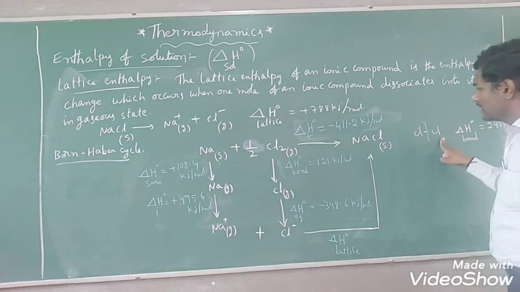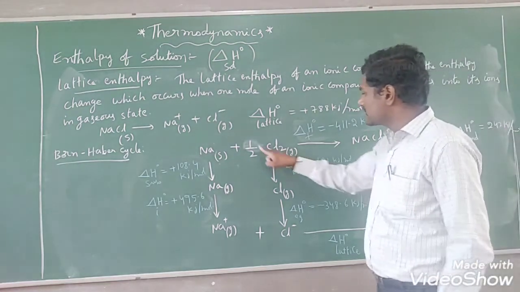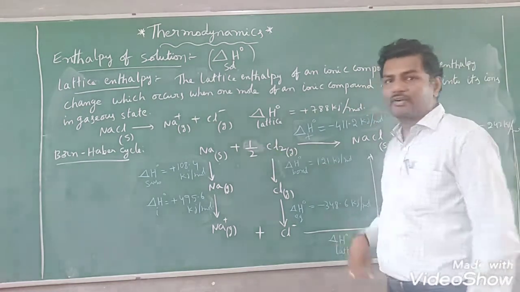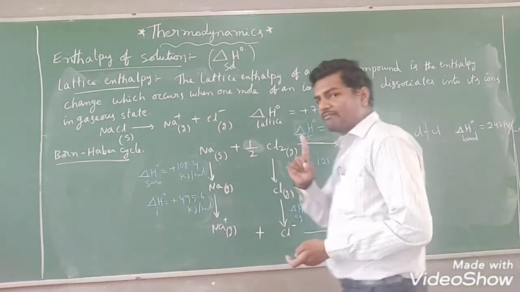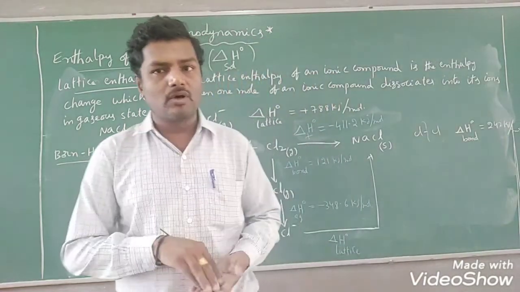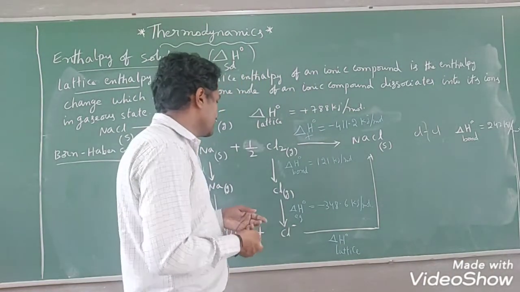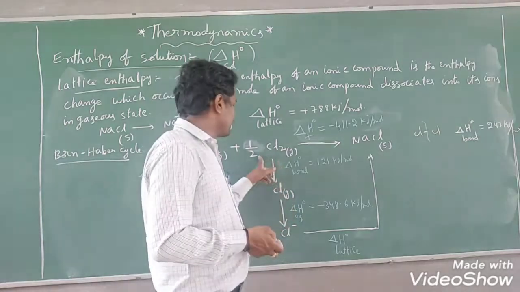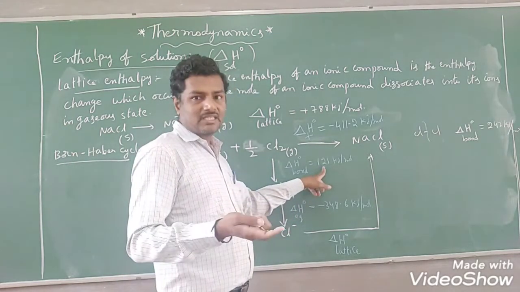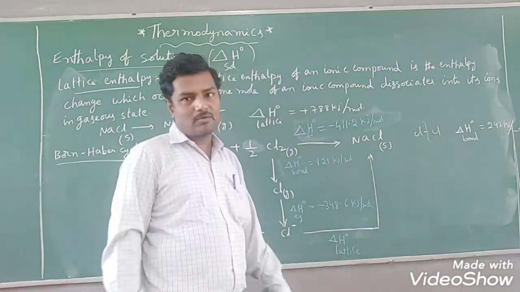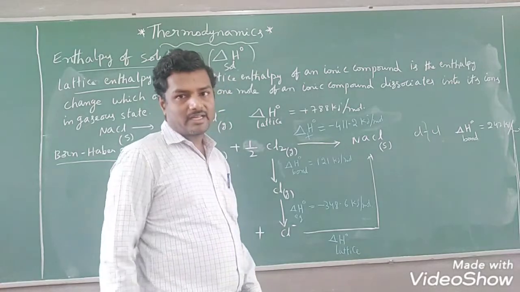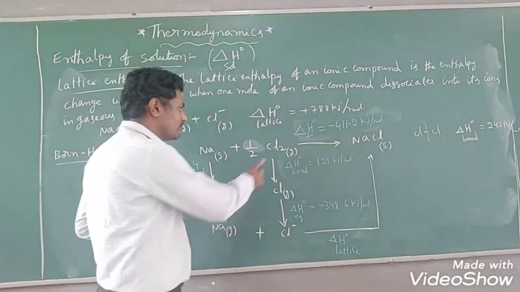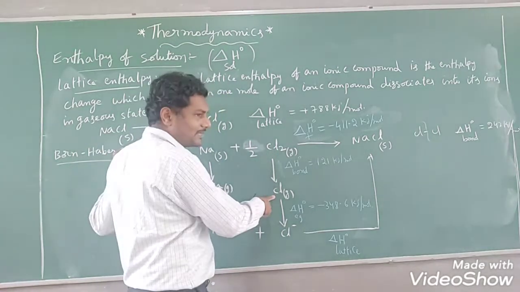For 1 mole 242, so for half mole how much? 121 kilojoule per mole. For 1 mole, 242 kilojoule per mole amount of energy is required to convert into atoms. But for half mole, 121 kilojoule per mole amount of energy is required, right? Yes. Now we have converted into atomic state.